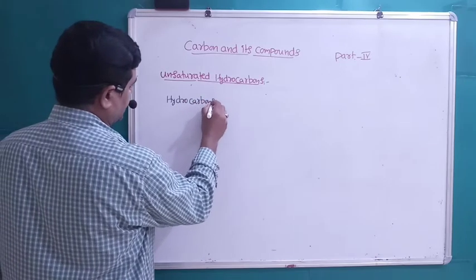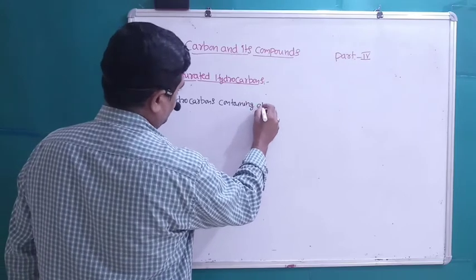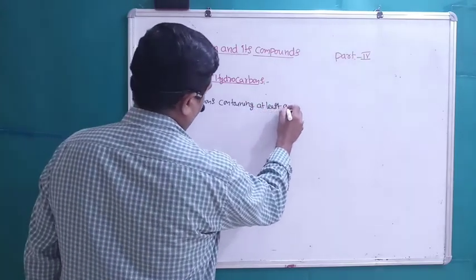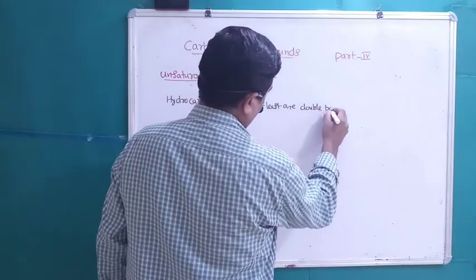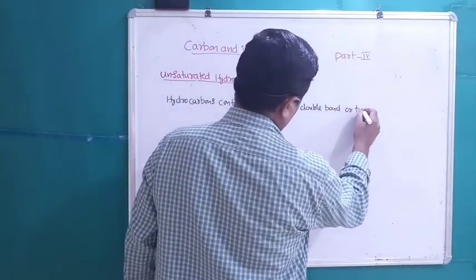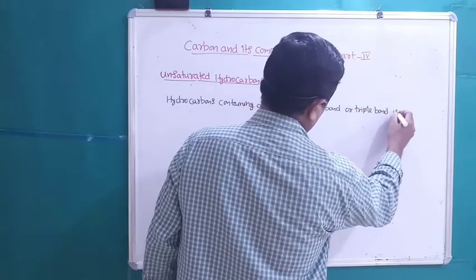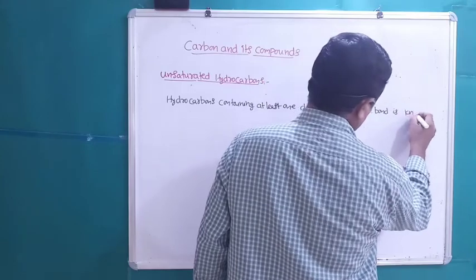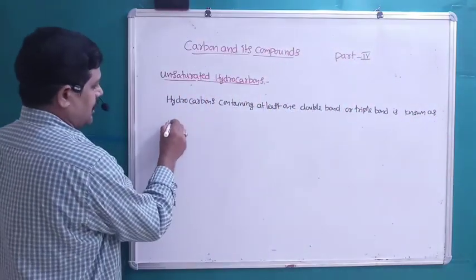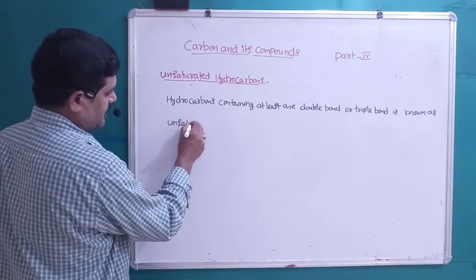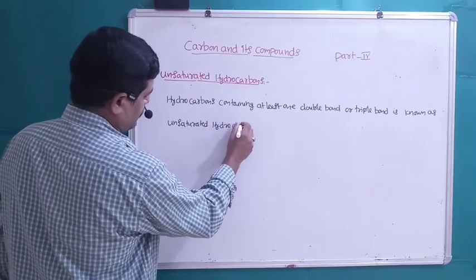Hydrocarbons containing at least 1 double bond or triple bond are known as unsaturated hydrocarbons.